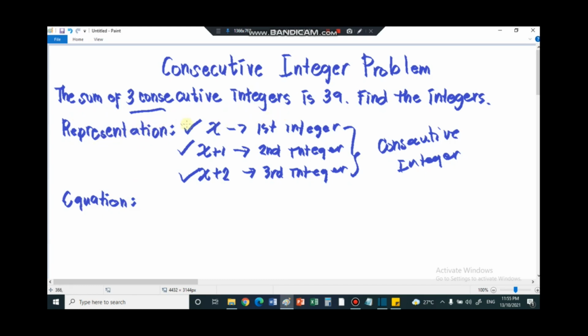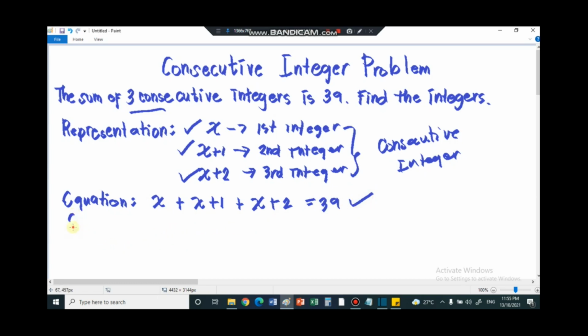The sum of 3 consecutive integers is 39. So i-add na to siya, ang sum niya kay 39. So the first integer is x, the second is x plus 1, the third is x plus 2. Ang sum niya kay 39. Okay, so we're done with the equation.